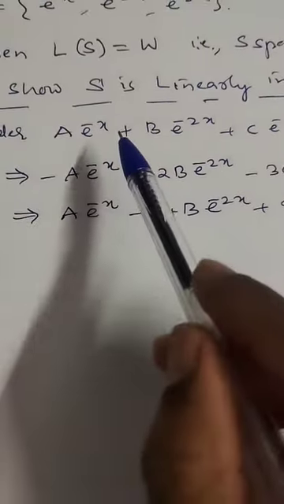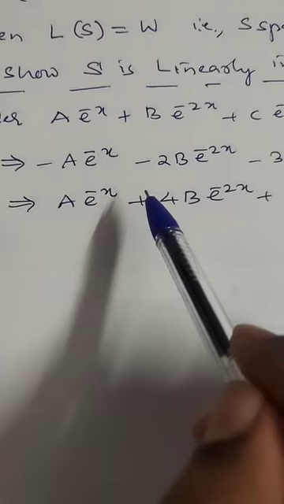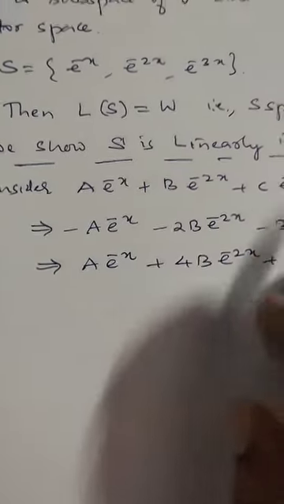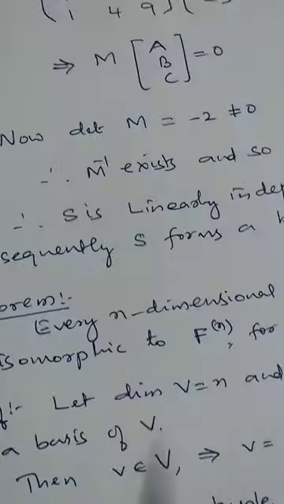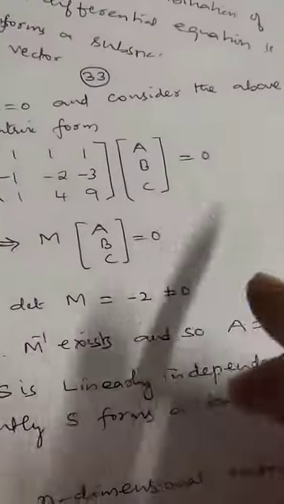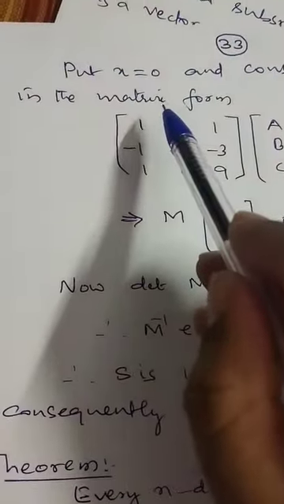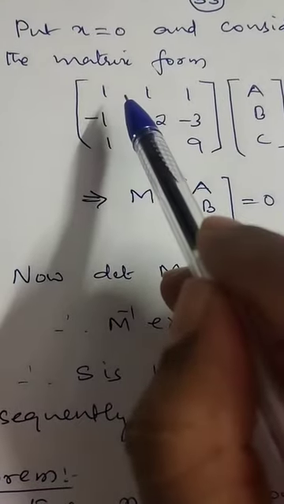Therefore, we get three equations, a system of equations. You know that this system of equations can be written in matrix form. For this, I will put x is equal to 0 and consider the above system of equations in matrix form. The matrix form means coefficients.